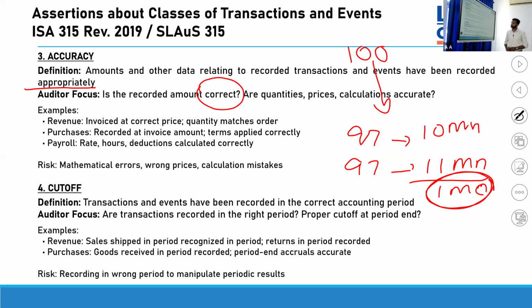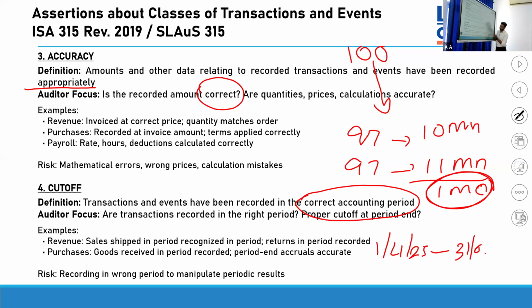Next one, cutoff, which means transactions and events have been recorded in the correct accounting period, right? If you are preparing the financial statement from 1st of April 2025 to 31st March 2026, let's take the same example.